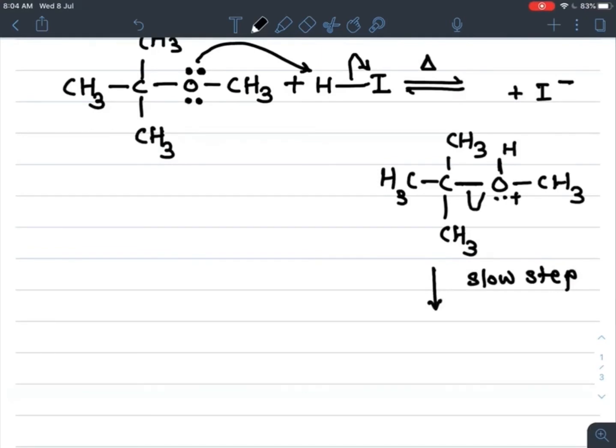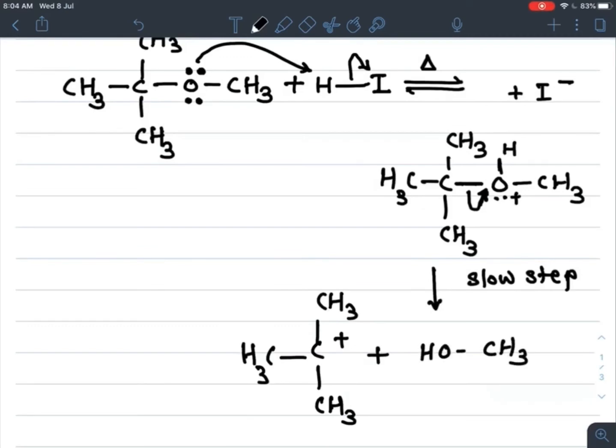and in this step a stable tertiary carbocation is formed. This bond again breaks heterolytically, so both electrons are attracted by the oxygen, and we get a stable tertiary butyl carbocation, which is the most stable, plus the other molecule CH3OH, methyl alcohol.